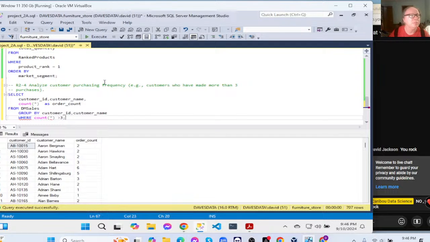Now, this is where it could get tricky, where count is greater than 3. Hopefully this will return.